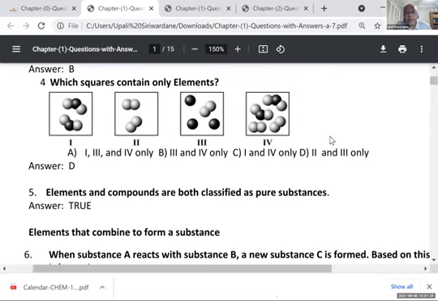Only elements means one kind of atom. That's 2 and 3. Box 2 has a diatomic molecule of the same atom. Number 3 has a mixture of elements, carbon and another one, hydrogen. The answer is D, 2 and 3.